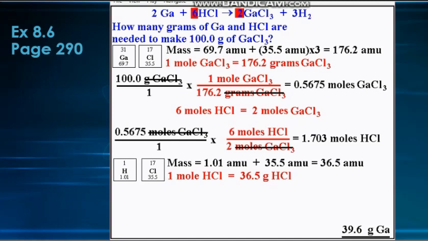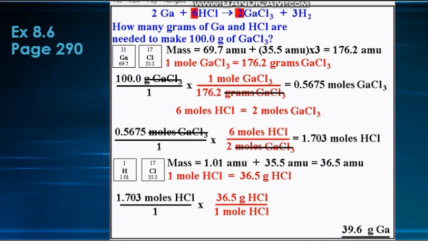That's our conversion relationship. So we take the moles of HCl, we put it over 1, and we multiply by the conversion relationship with moles of HCl on the bottom so that they cancel. When I multiply through, I get 62.2 grams of HCl. That's the final answer.